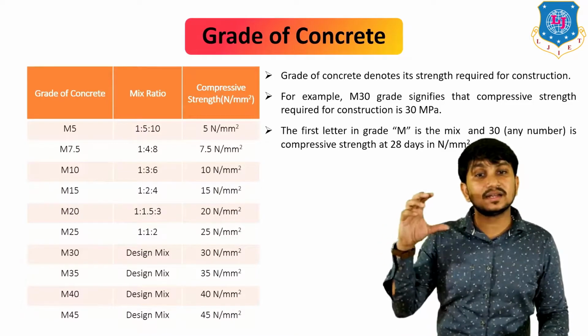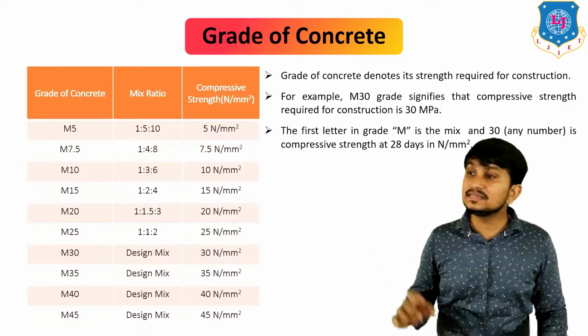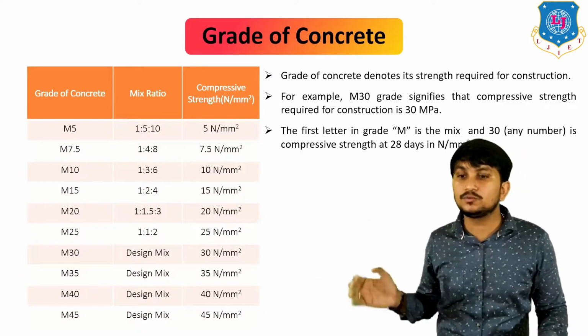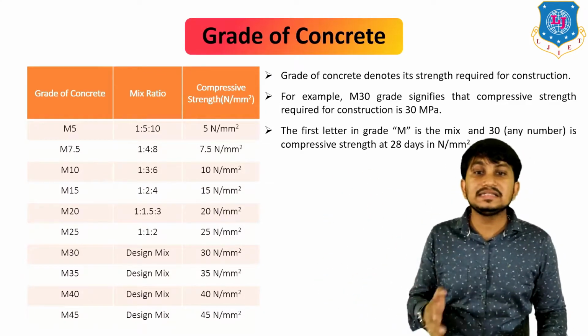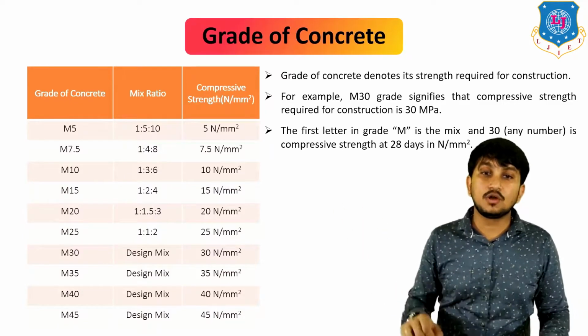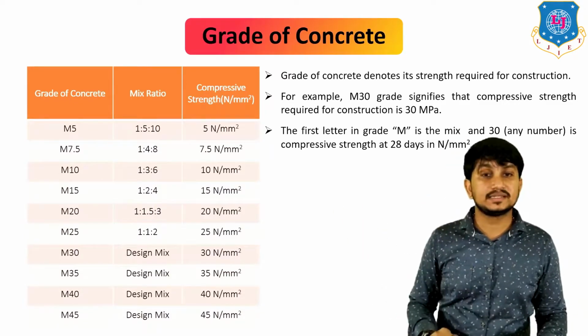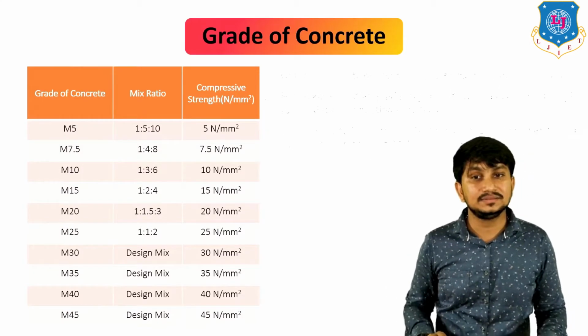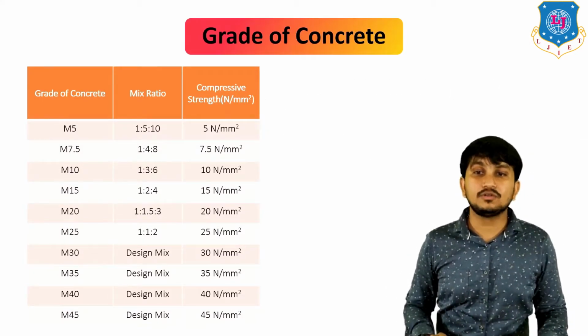The first letter in grade M is the mix, and 30 or any number from 5 to 45 or 100 is the compressive strength of that concrete at 28 days in Newton per mm square or in megapascal. This is the grade of concrete.